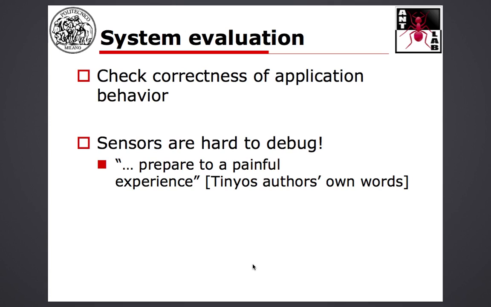Imagine that you have prepared your application and loaded it onto a sensor, and then you want to understand whether it works or not. In terms of output, you don't have much. You just have three LEDs, yellow, red, and green or blue, depending on the sensor, that you can trigger on and off to understand whether the sensor is doing what you want.